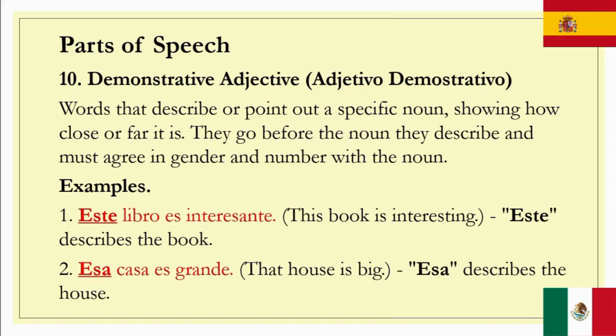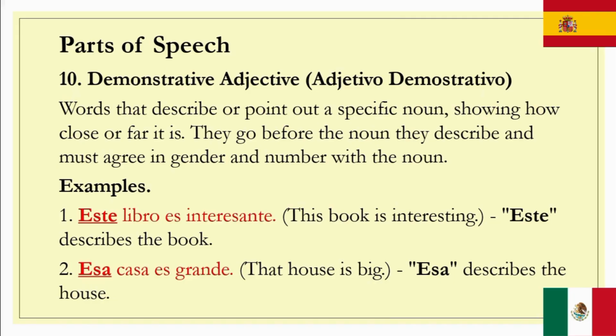Now we're going to talk about demonstrative words in Spanish. Let's start with demonstrative adjectives, or adjetivo demostrativo. These are the words that describe or point out a specific noun, showing how close or far it is.